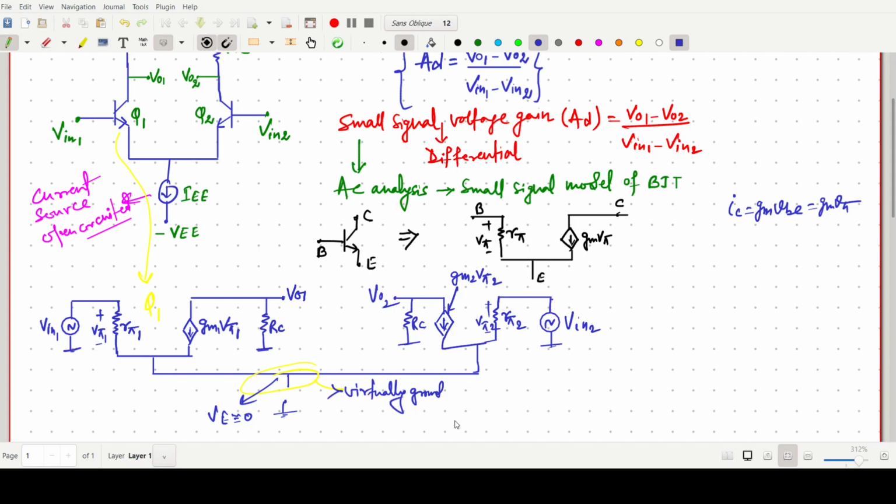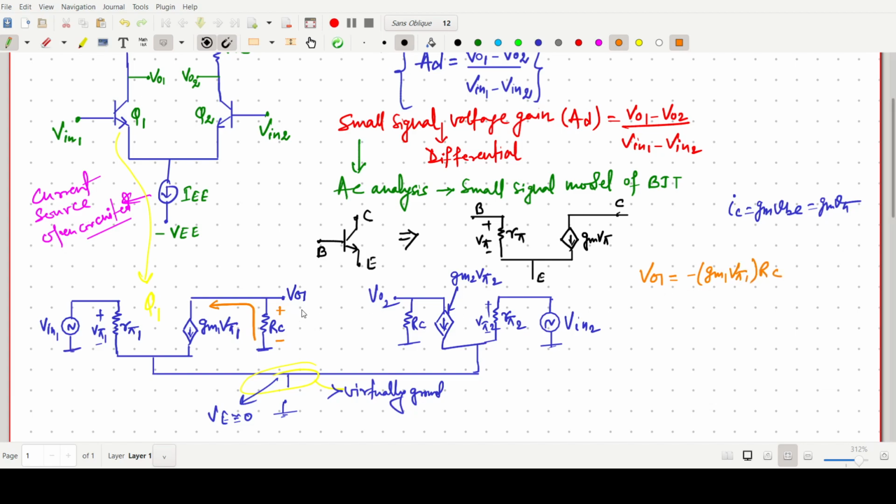how to think about the V naught 1. So the V naught 1 value is this one. This one is a minus plus, so some current is somehow flowing from this one. So this current value is gm V pi 1 and coming from the negative side, so V naught 1 can be simply written as minus gm1 V pi 1 into RC.